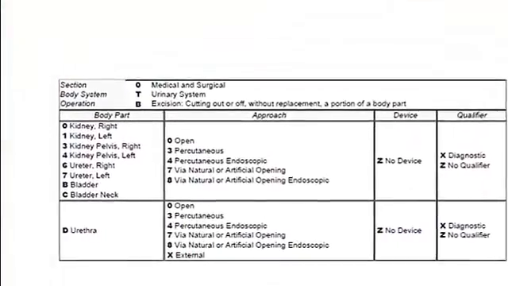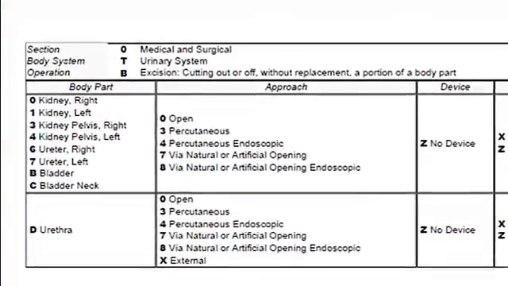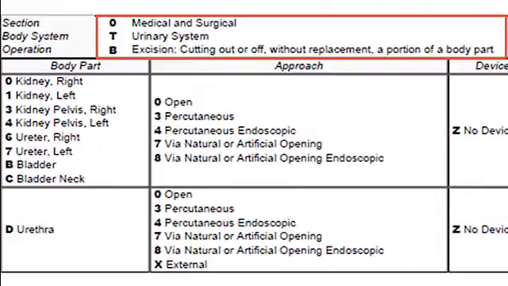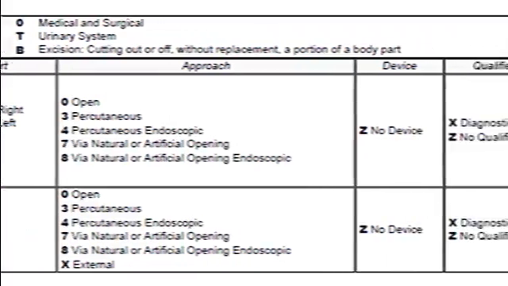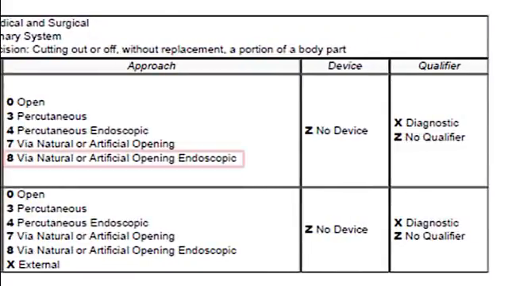Here you see the table the coder will use to construct the code for this procedure. The first 3 digits of the code come from here, indicating an excision procedure involving the urinary system. The next digit of the code captures the specific body part, in this case the bladder. The approach of via natural or artificial opening endoscopic shows that the procedure was performed via cystoscope.